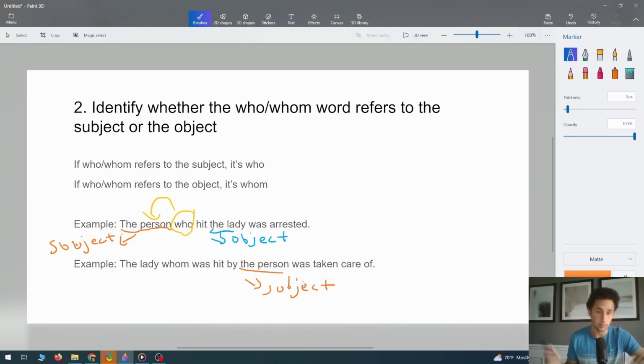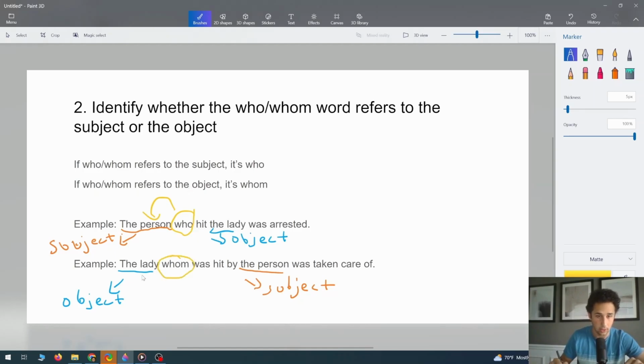So the lady, once again, is being hit by the person. Therefore, she is the object because the action is being done to her.